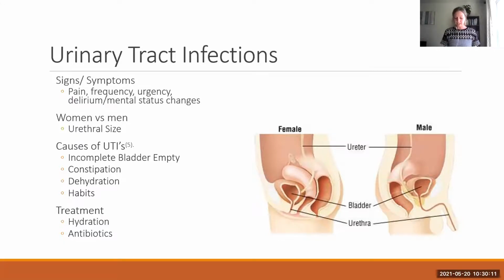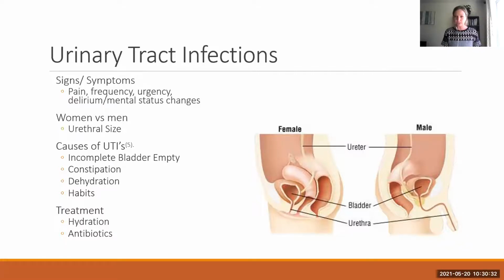For women, the urethra is 4 centimeters long, and for men, it's over 20. So you can see why bacteria has much less ground to cover in females for it to become something more serious.